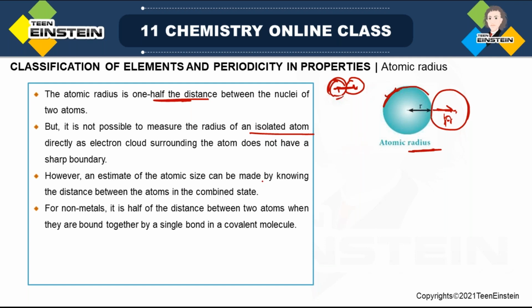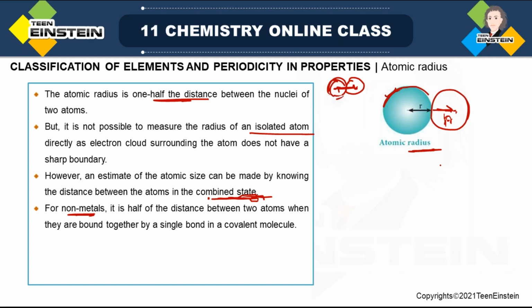So an estimate of atomic size can be made by knowing the distance between the atoms in the combined state. Once you know this, you just have to take half of it. If the molecule is non-metal, suppose chlorine, then it is half of the distance between two atoms, as the definition is given in the first statement. Okay.